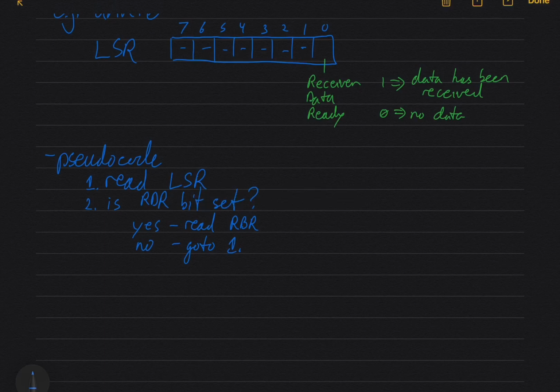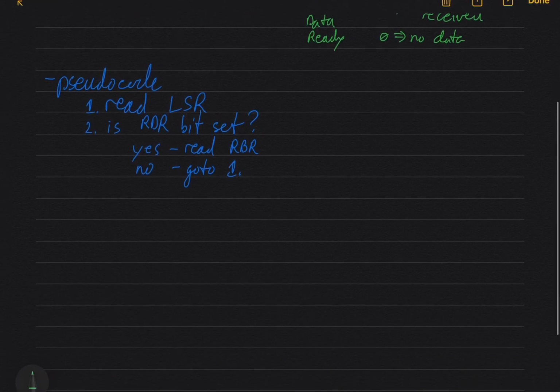So it's probably going to check that LSR, the status register, a bunch of times in between each character that's read. It'll read the data, do something with that, and then go back and wait for another character.